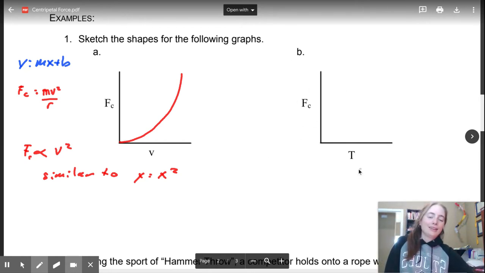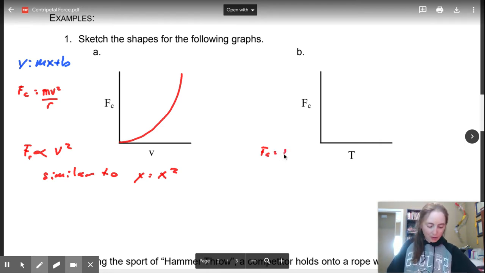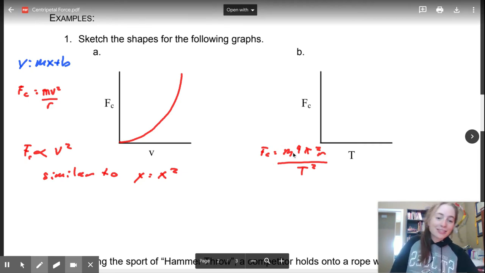All right, F_c and T. Well, ladies and gentlemen, of the two equations we just derived, the only one that has period in it is our F_c is equal to our m 4 pi squared r divided by the period squared. So, fortunately for us, will you look at that?